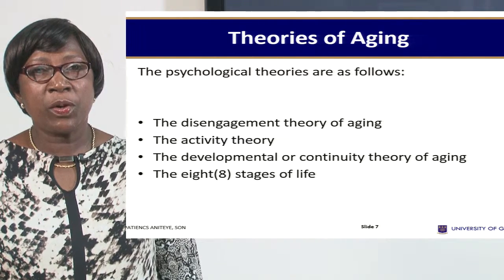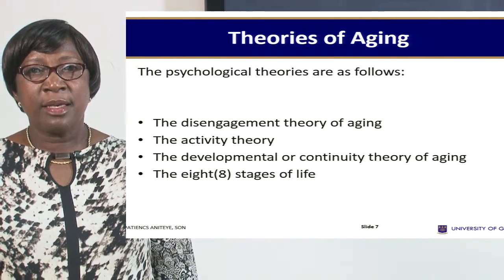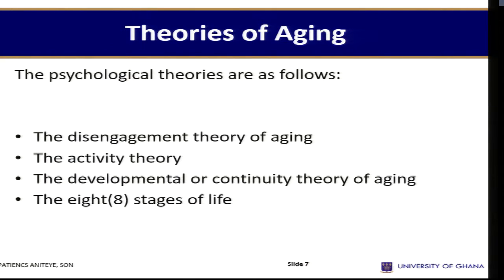They include the disengagement theory of aging, the activity theory, the developmental or continuity theory of aging, and the 8 stages of life. Does that remind you of something you've studied in psychology? You will see as the session unfolds.